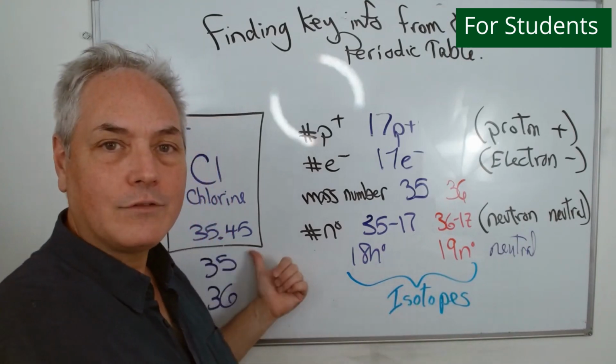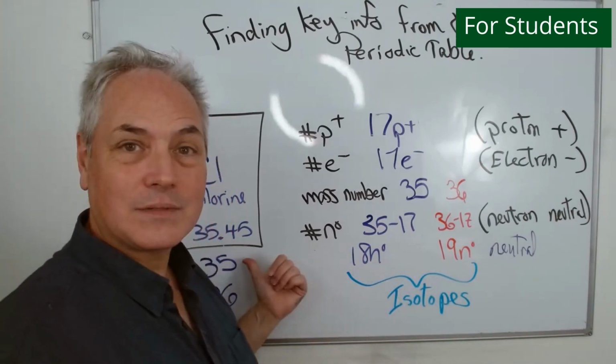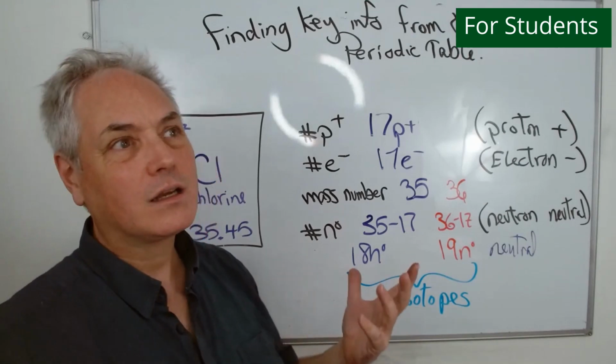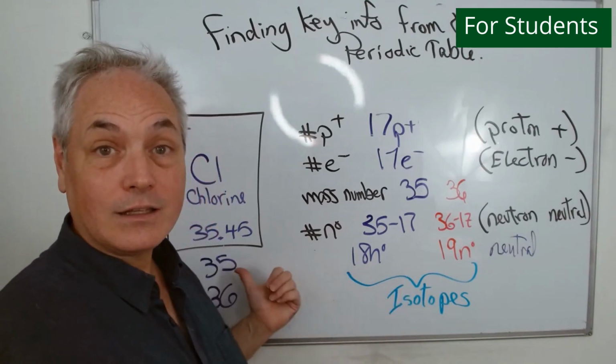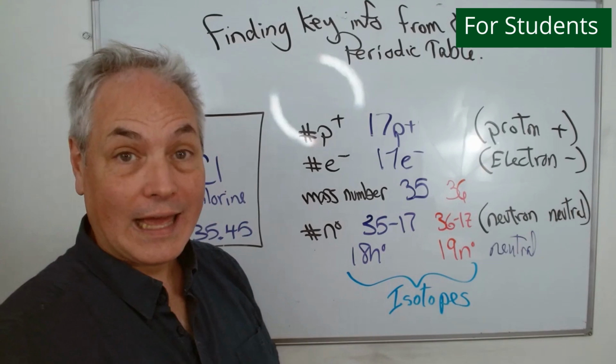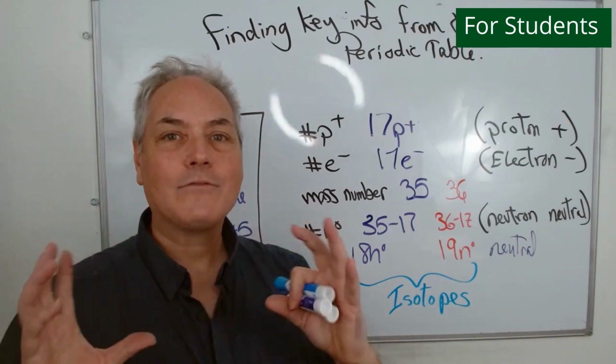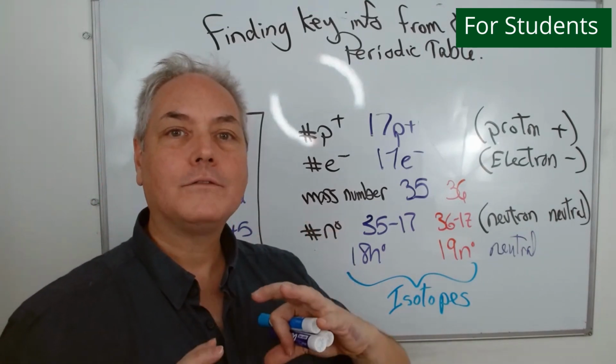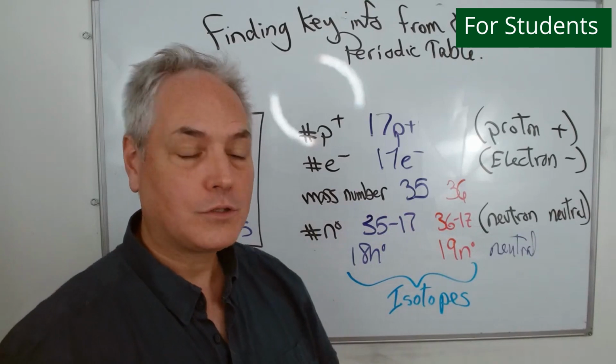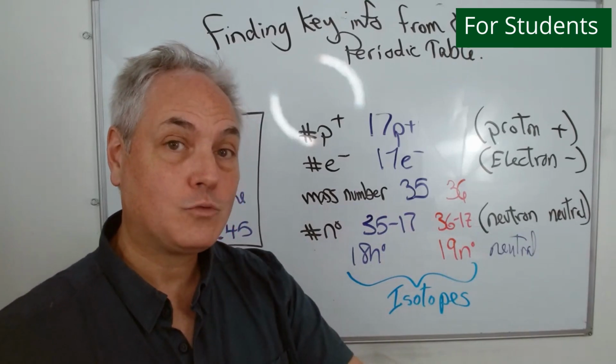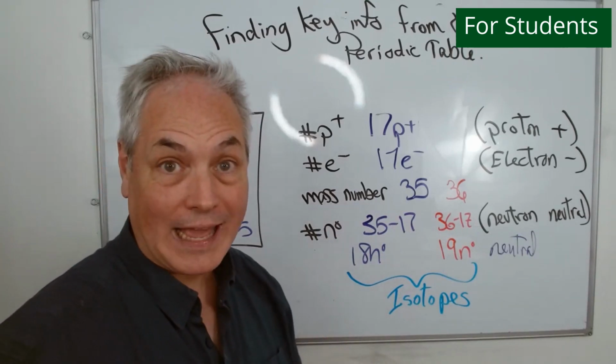So when you have an atomic mass that's not a perfect number, people ask, how come? It's because the atomic mass of an element is the average mass of the different isotopes, or the different percentages of isotopes we have for a certain element.